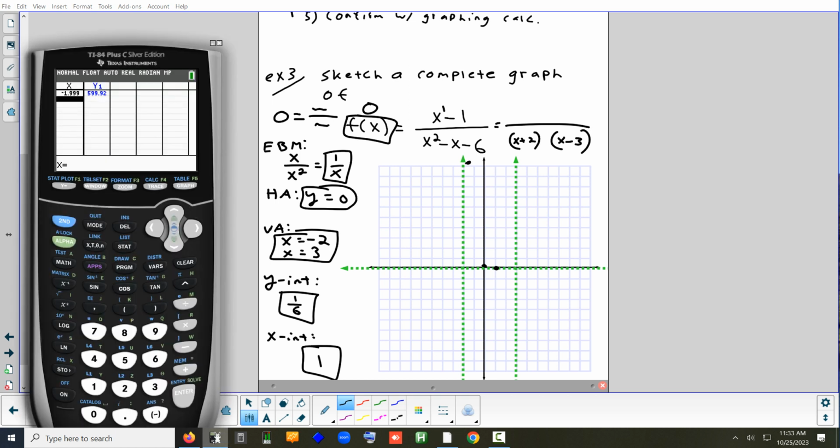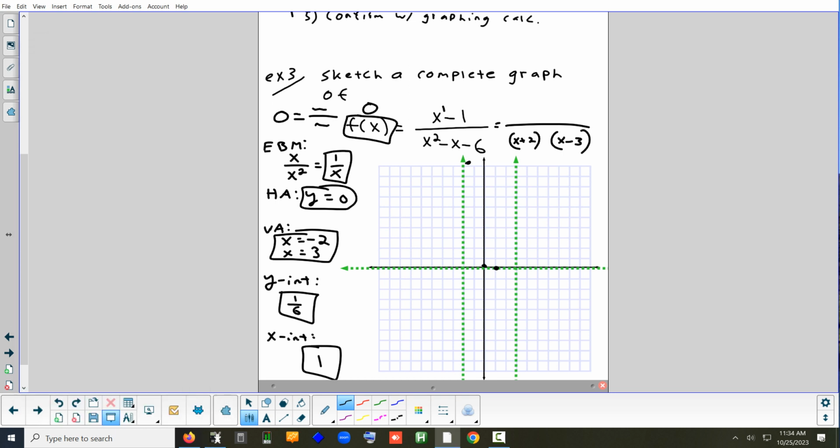I need a value to the left of -2. -2.5. A lot closer. -2.001. Yeah, we want to go really close. When you plug in -2.001, it rounds, and you're at negative infinity. Way down there.